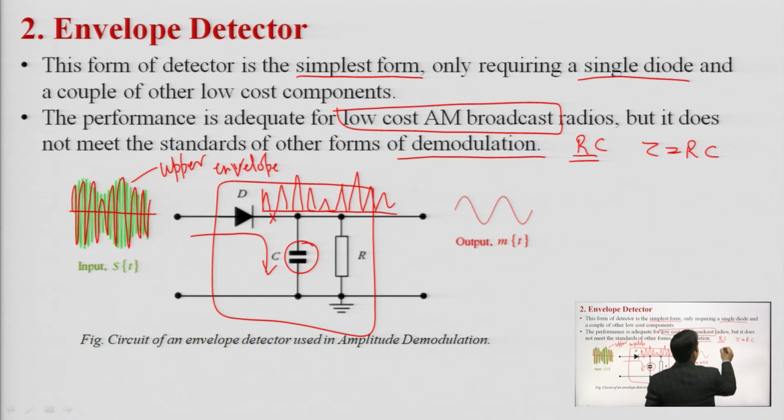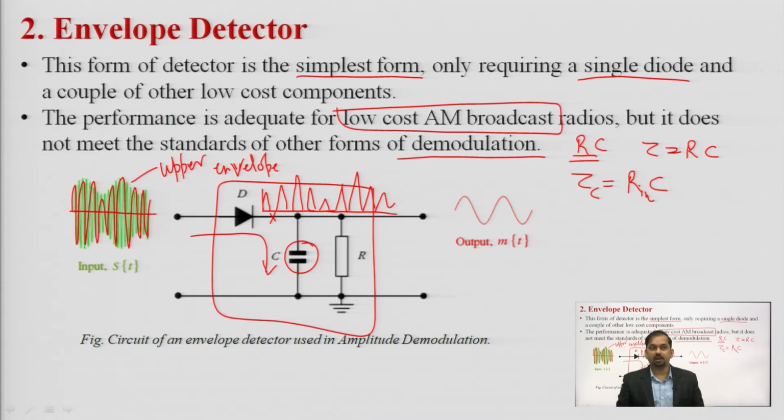The charging time constant tau C is RC, and R is basically the internal resistance of the diode during forward bias. We must be aware that during forward bias the diode offers very small resistance, so this time constant is very low.